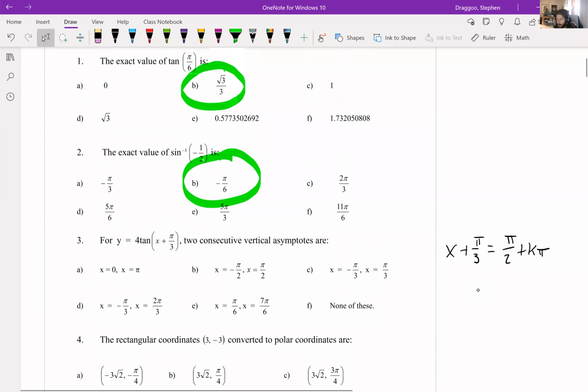Scoot that down a little bit so maybe it isn't in the way of those pictures. And solve that for x. Pi over 2 minus pi over 3 is going to be pi over 6 plus k pi.